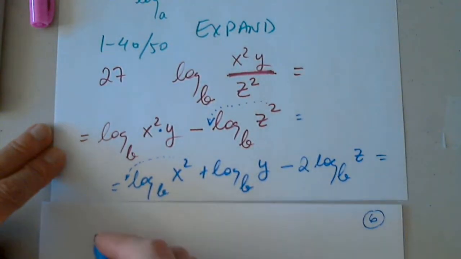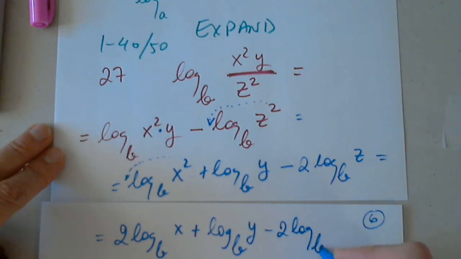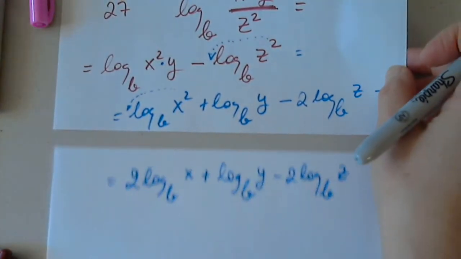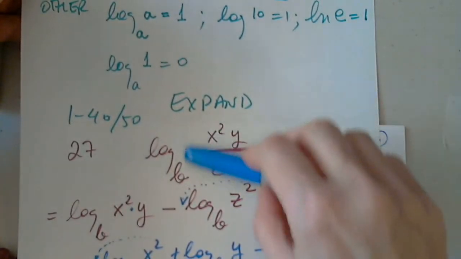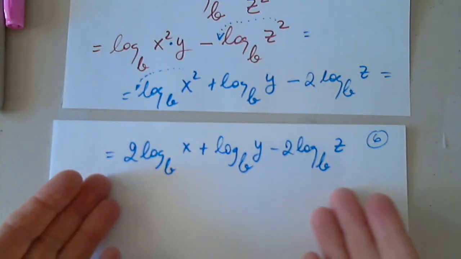So the final will be 2 log base b of x plus log base b of y minus 2 log base b of z. So we completely expanded the expression, the log that was given to us from a complicated expression. We simplified it into very simple logs.